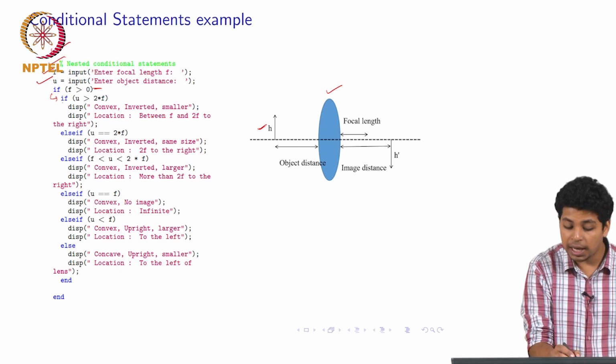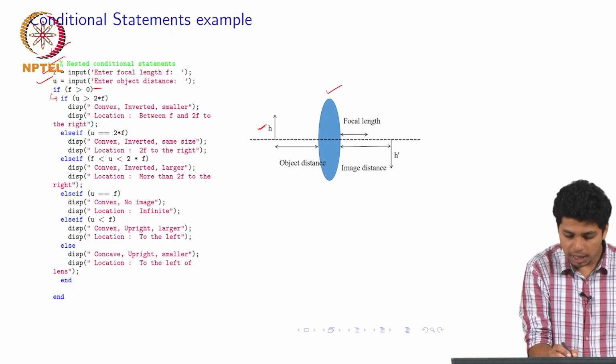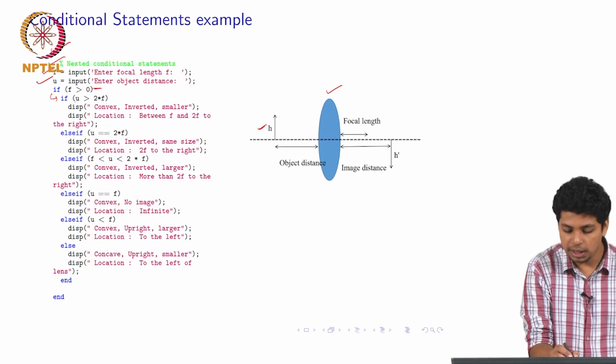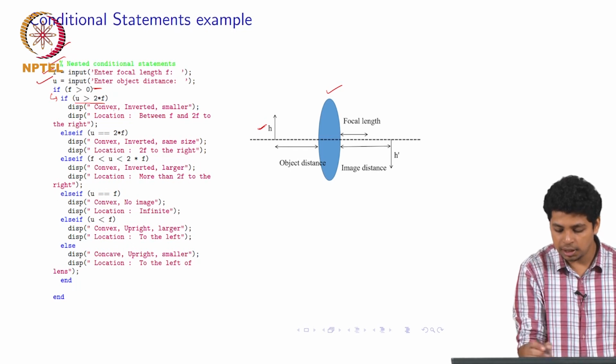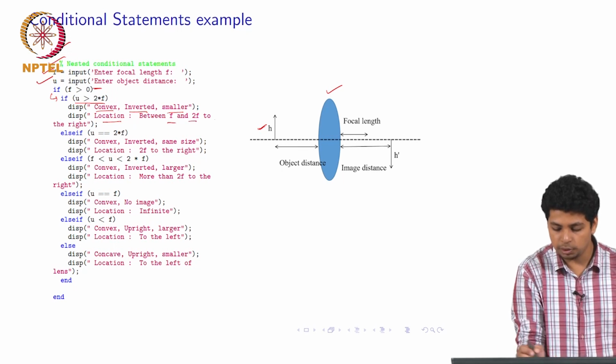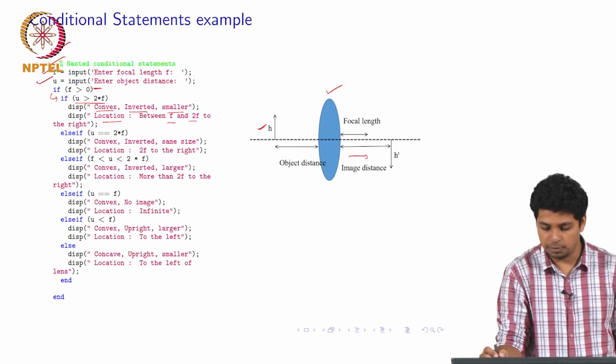Now again we put another if and we ask for the first condition: if u is greater than 2f, then the lens type is convex, the image will be inverted and smaller, and the location of the image will be between f and 2f to the right side, on this side of the lens.